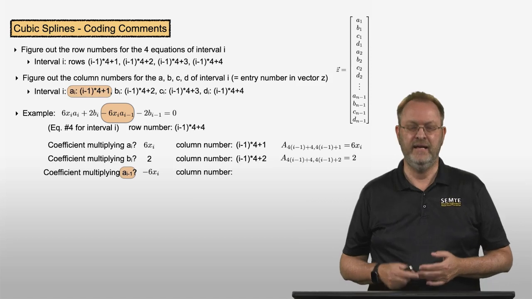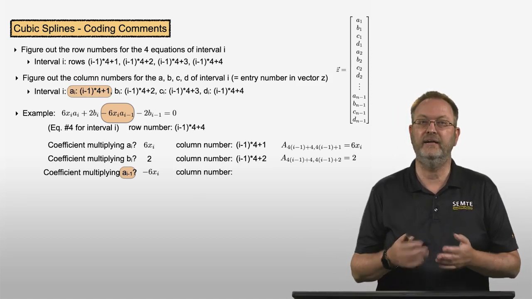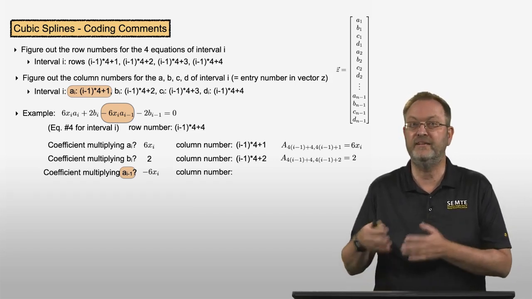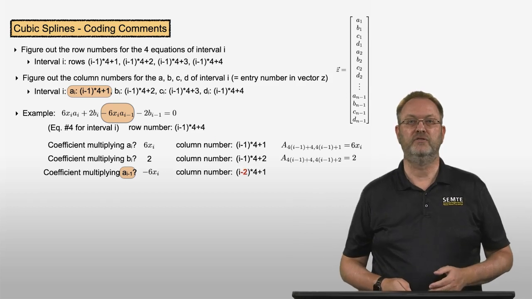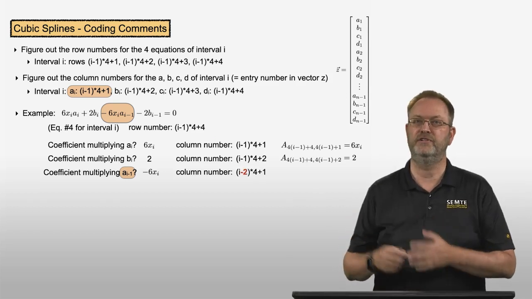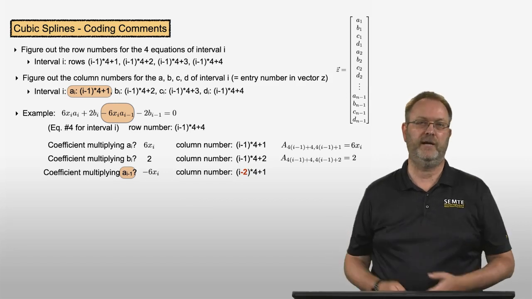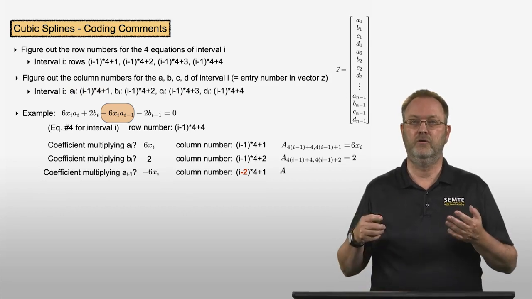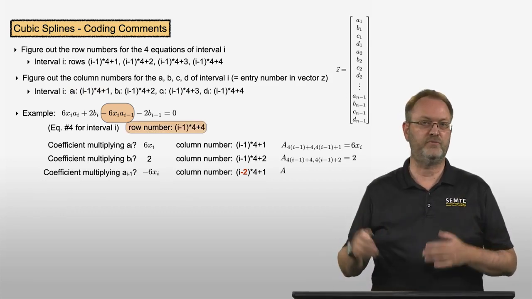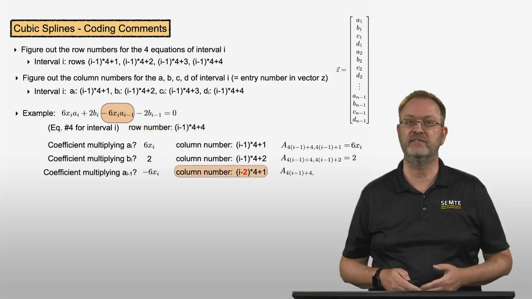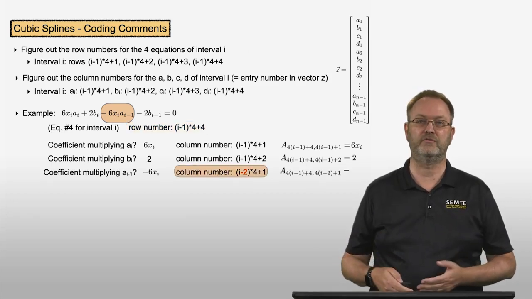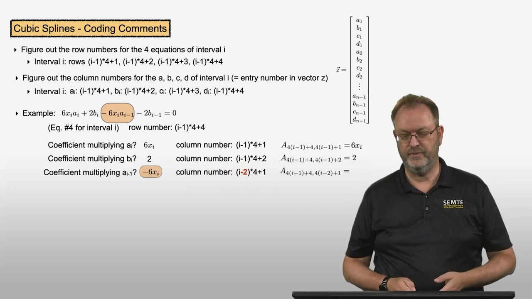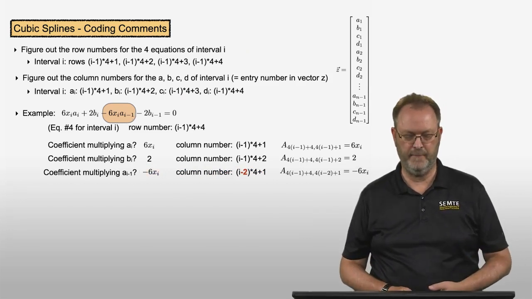So that just means that if I look at the equation that was for AI and I want to evaluate it at I minus 1, I have to plug into this equation I equal to I minus 1. So that gives me (I minus 2) times 4 plus 1. So that means in the matrix A, my row number is still 4 times (I minus 1) plus 4, but now my column number is (I minus 2) times 4 plus 1. That's the column that's associated with the a sub I minus 1. And that entry has to be negative 6 times x sub I.